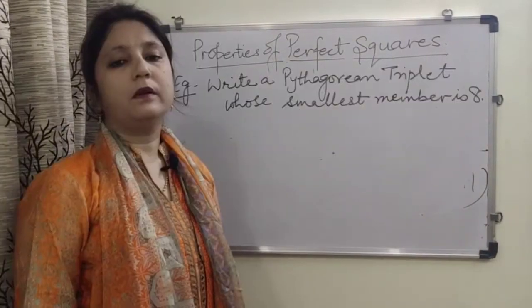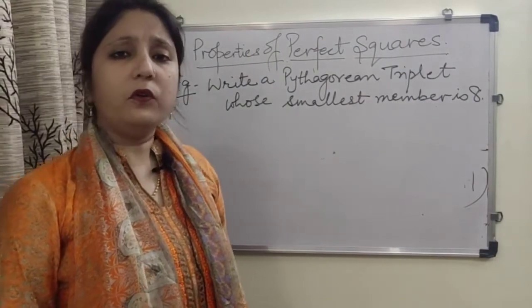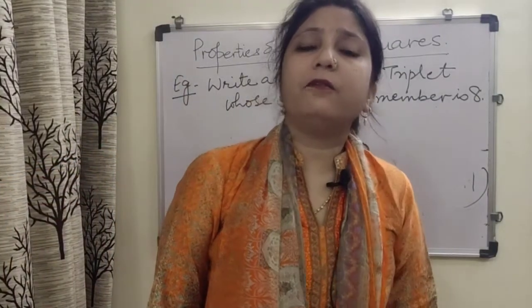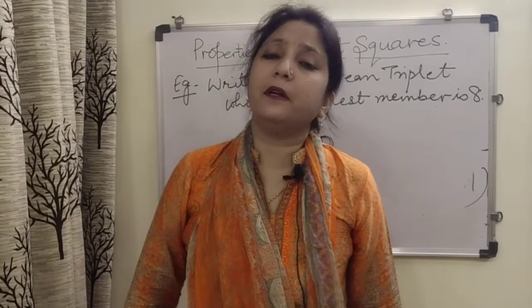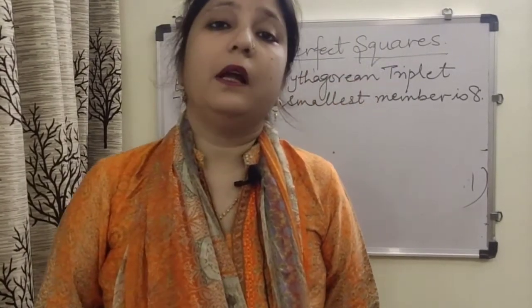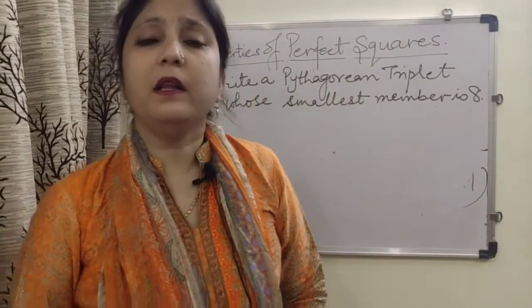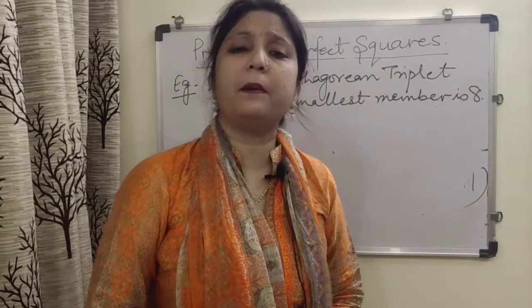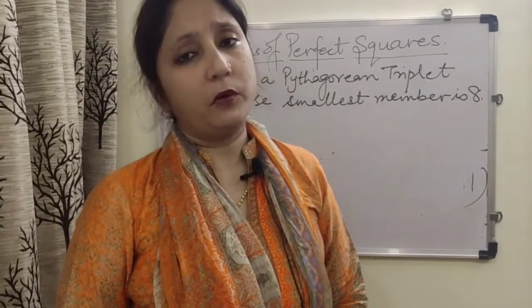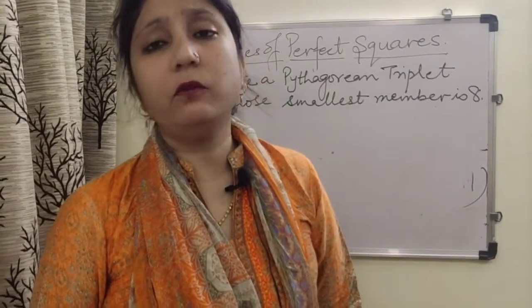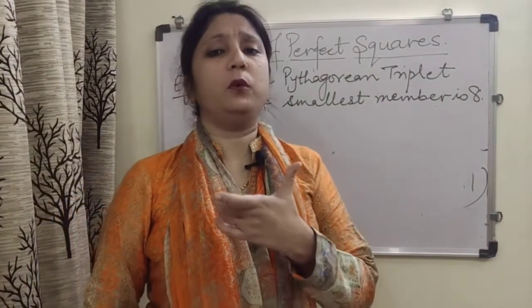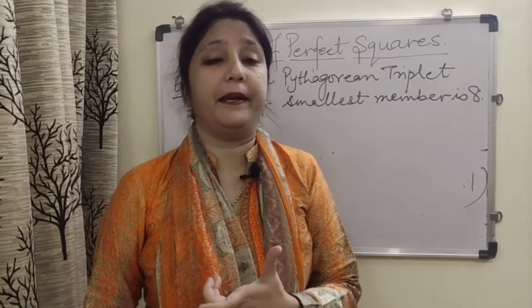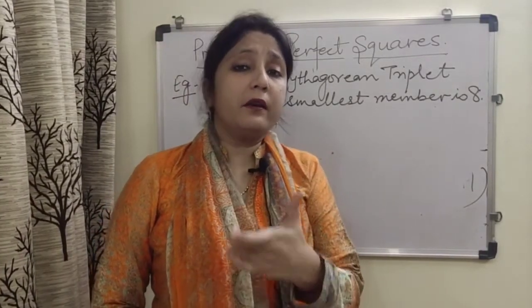Just now you have done that for any natural number m greater than 1, the Pythagorean triplet can be written as m square minus 1, comma 2m and m square plus 1. These three together form a Pythagorean triplet.